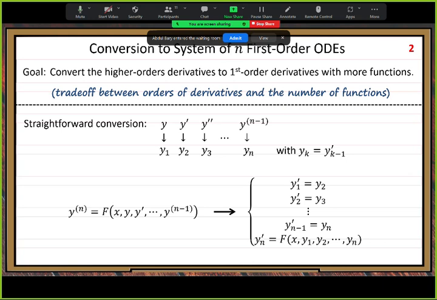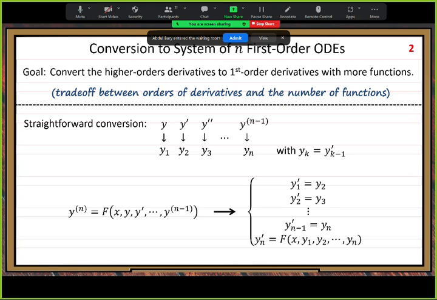If you look at the properties, there are only first order derivatives. And whether it is linear or not depends on your F function. If your F function is good enough, then we have a linear system.